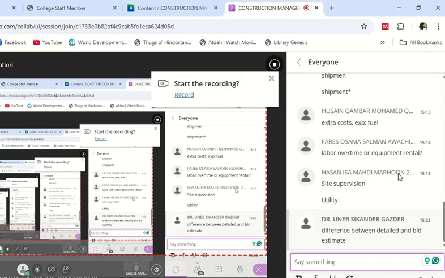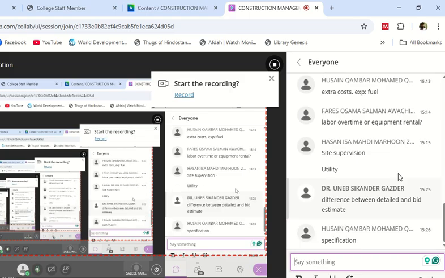There is one thing which is very obvious, which is what? Both of them have the specifications. The contractor cannot do it without the design. Both of them are doing according to the design.